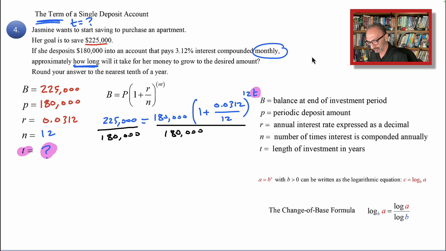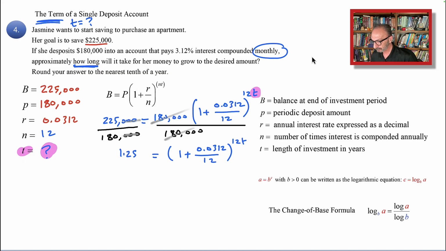So this now cancels. We could also cancel the zeros on the left to reduce it, and 225 divided by 180 is 1.25. So we have 1.25 equals 1 plus 0.0312 over 12 to the power 12t.